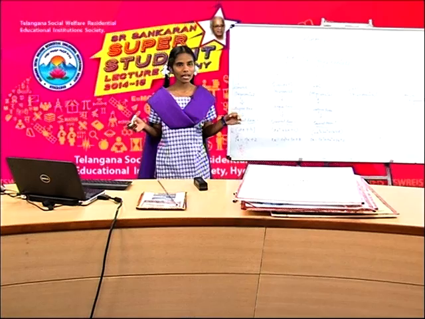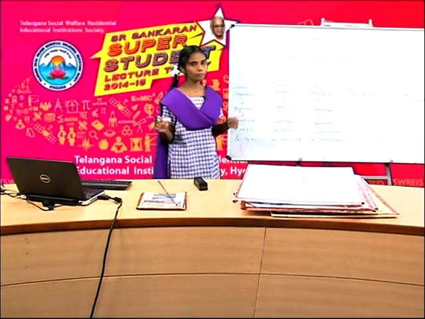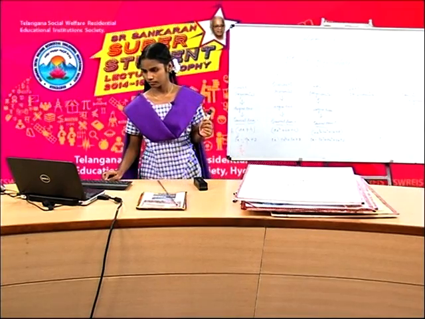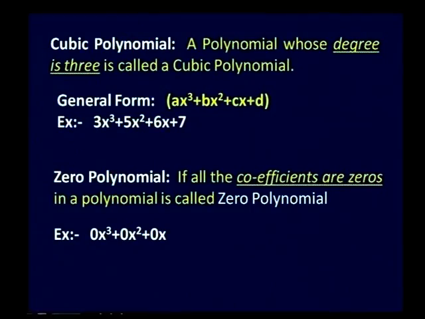Friends, now I am going to show this cubic polynomial in this PowerPoint presentation. If you see this, a polynomial whose degree is 3 is called a cubic polynomial. The general form is ax cube plus bx square plus cx plus d.